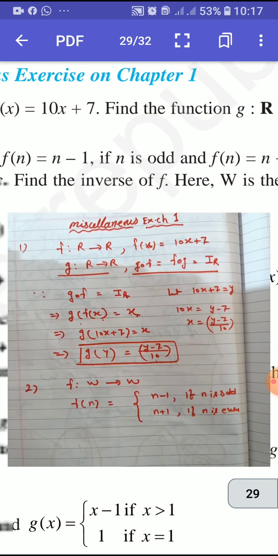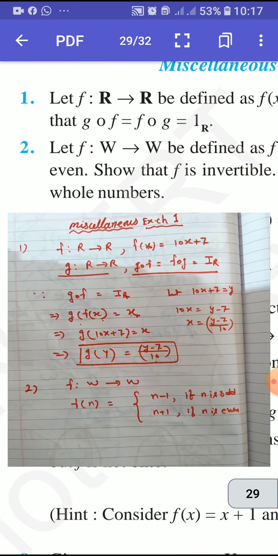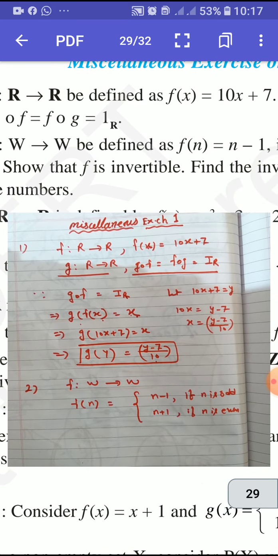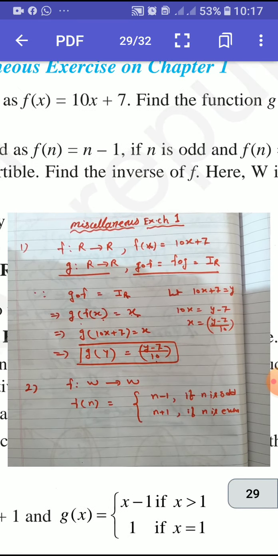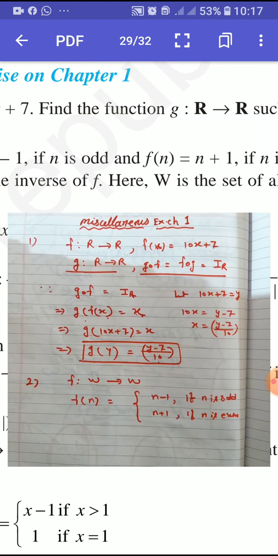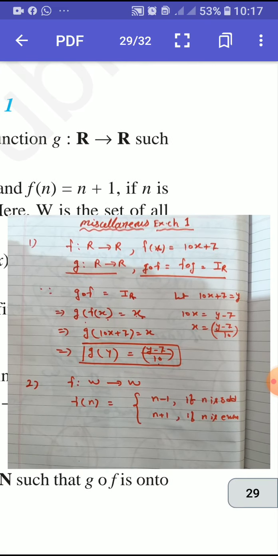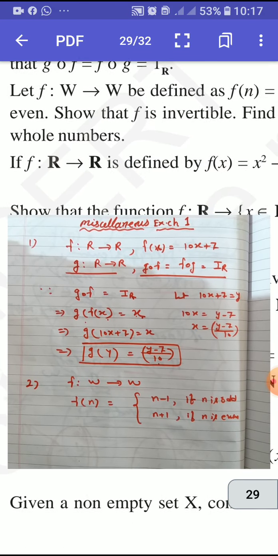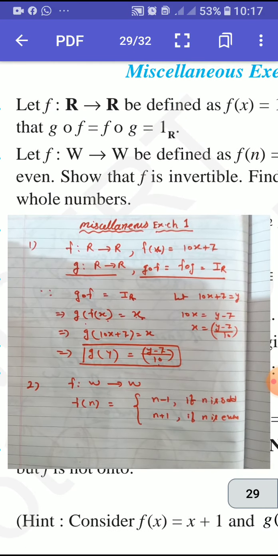Okay. So my dear student, you have to show that f is invertible and find the inverse of f, where W is the set of all whole numbers.